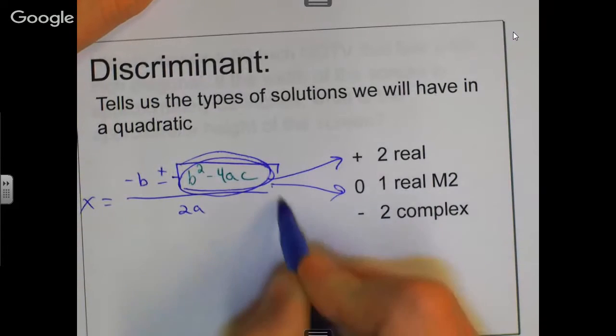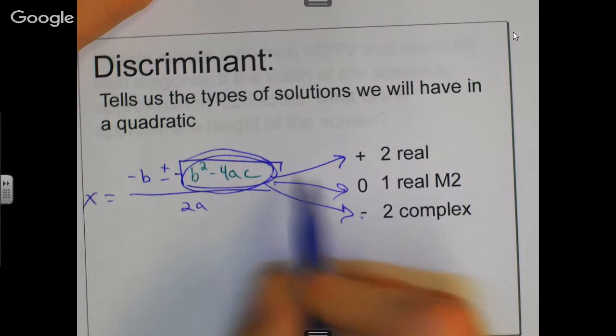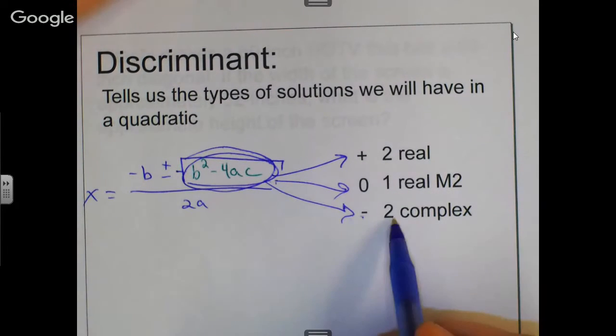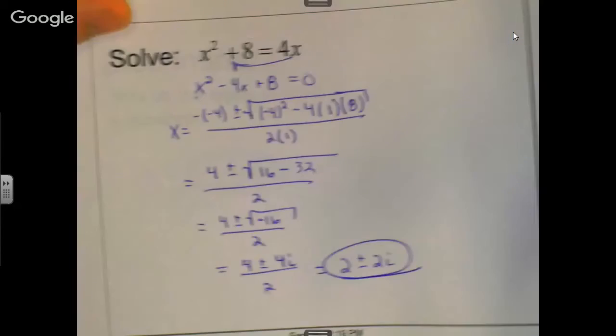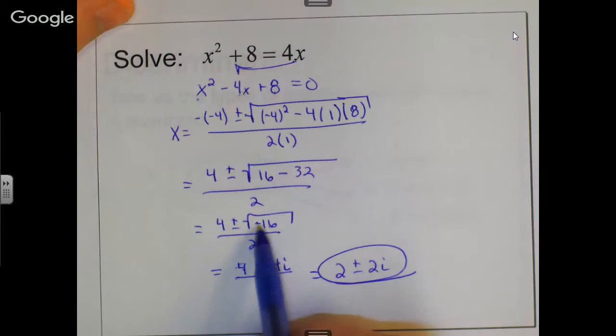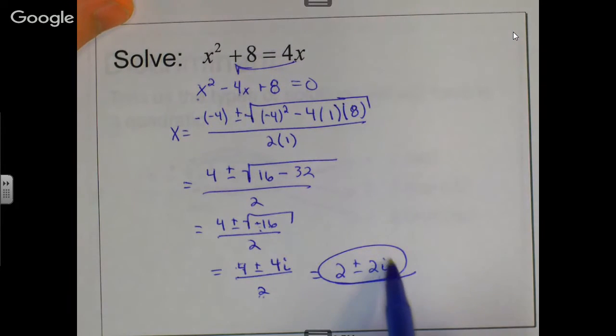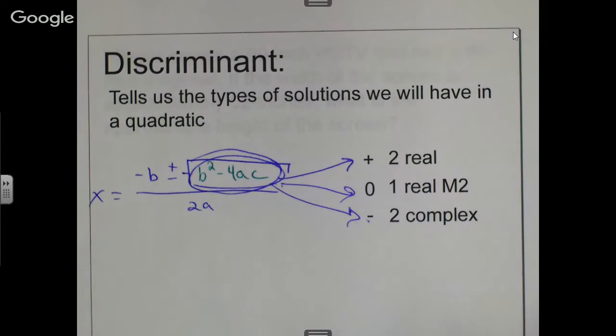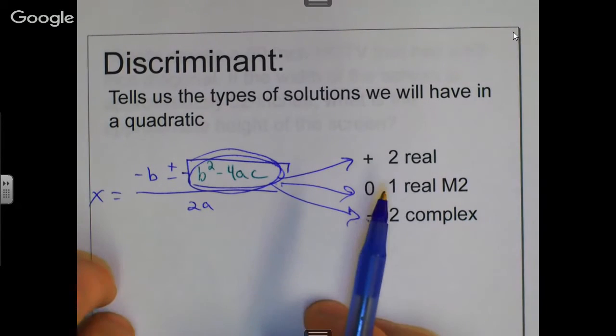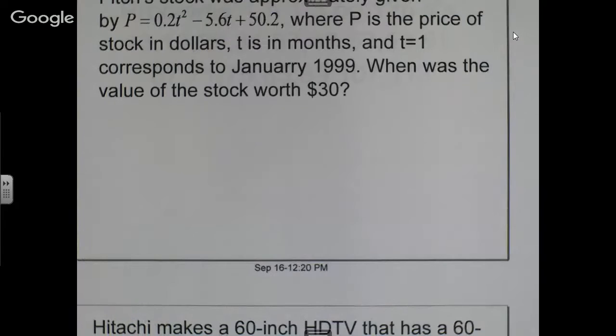Okay. And if it is negative, if this under the radical is negative, I will have two complex. That was like this one right here. I got a negative 16, so I have to have an i, two complex. This makes great true, false, or multiple choice questions for the test.